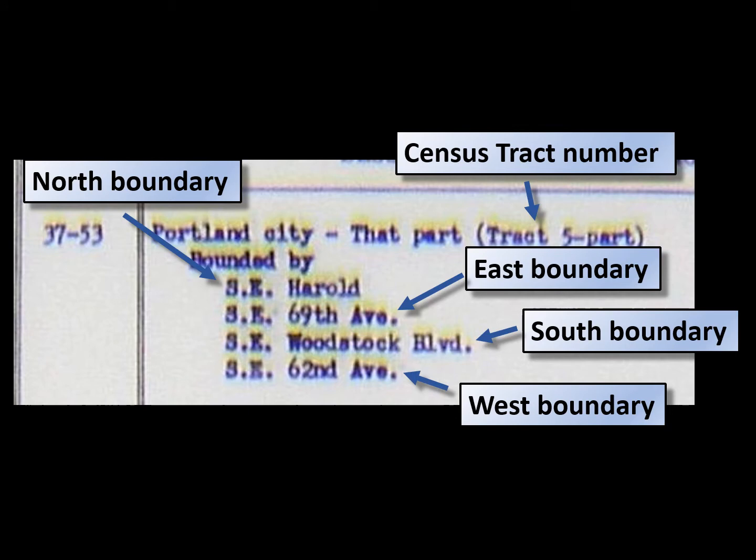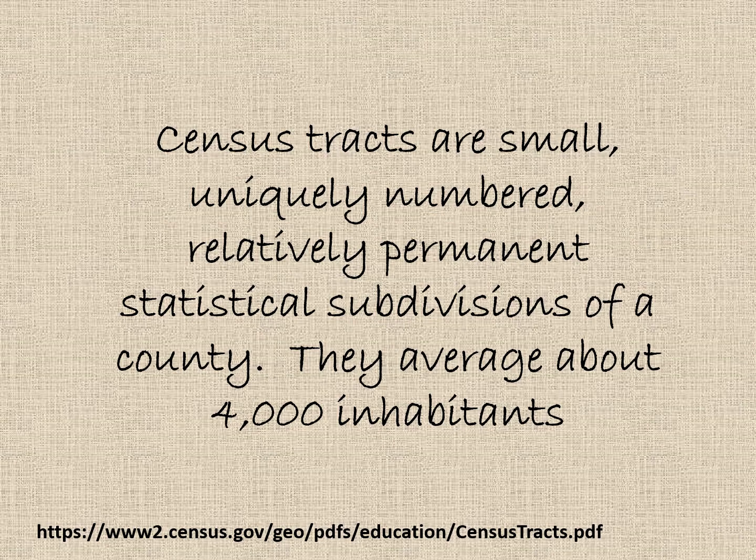So we could potentially, knowing this, and I think I want to do one more thing. I think I want to define census tract number first and then use these boundaries. So census tracts are small, uniquely numbered, relatively permanent statistical subdivisions of a county. They're usually made up of multiple enumeration districts.